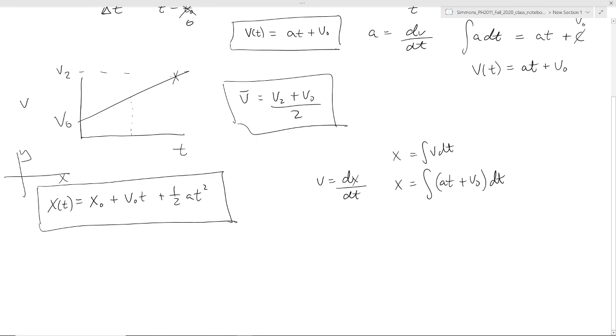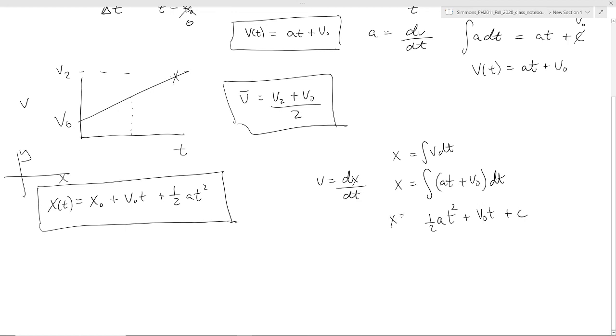So notice now if you have at, you integrate that, what would you have? You'd pick up a factor of 1/2 t raised to power 2, our v naught piece would pick up a factor of t, plus a constant again.